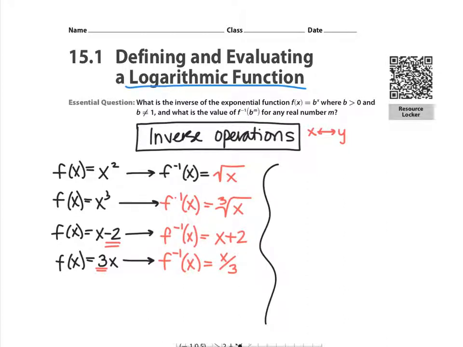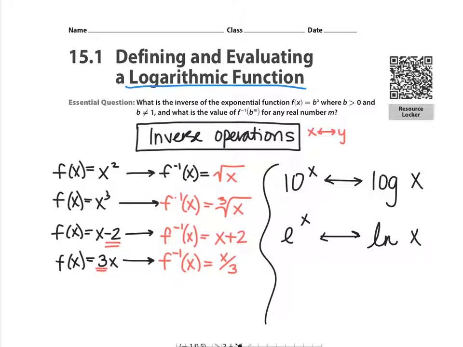So two that we don't know are when we have exponents as the variable. So if we have something like 10 to the x power, the inverse of that is to take the log of x. Also, if we have e to the x power, remember we learned what e was, the inverse of that is called natural log, and it looks like ln of x.